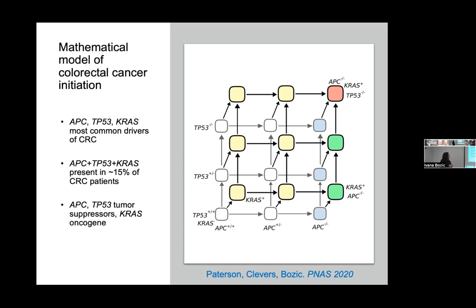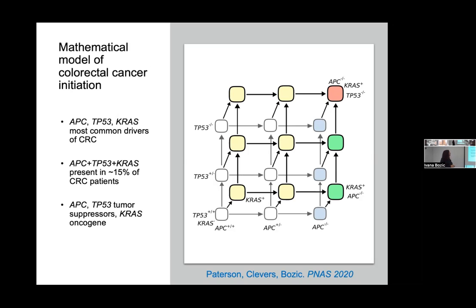And by taking into account that we have 2 tumor suppressors and 1 oncogene, we actually have a 5-step process on the way from a healthy cell, which is here on the left, to a fully malignant cell, which is here on top right. And we get there by any 5-step path along this cube of genotypes.